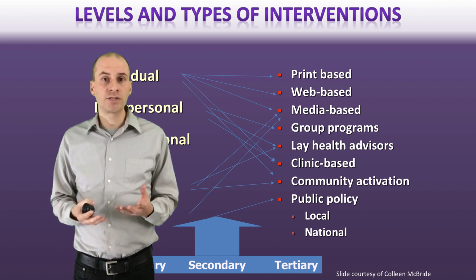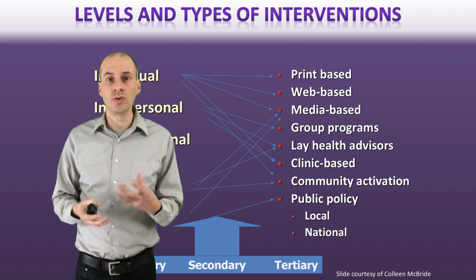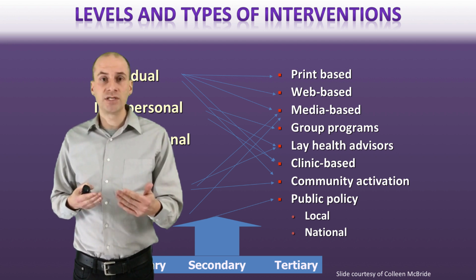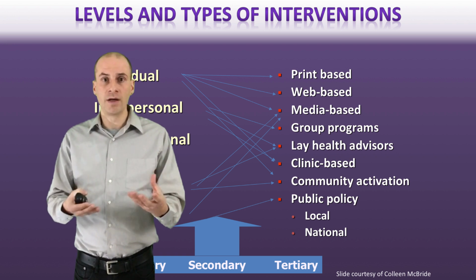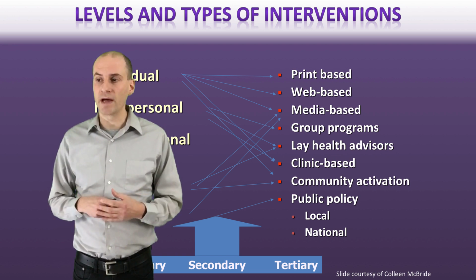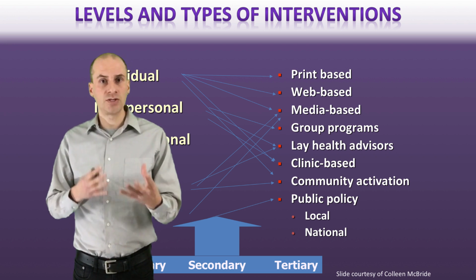Or you might think about addressing this more at a policy level. Maybe what we need is new laws or rules, or changes in how we allocate funding to ensure that we have the resources we need to improve public health. So the point here is that you can do these things using different methods.